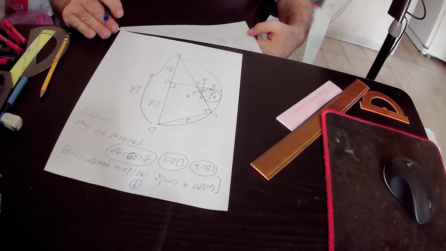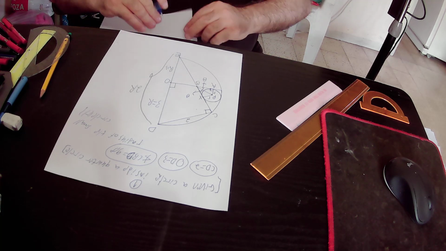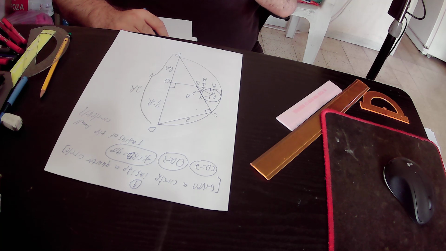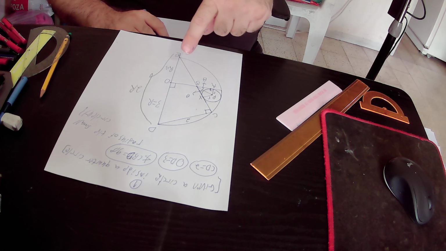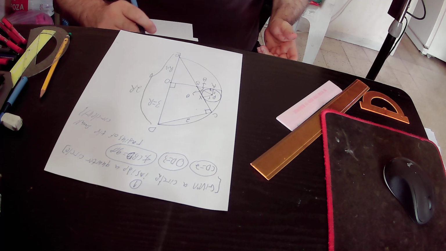So, because DE is a straight line, if you focus at point O on the straight line DE, the sum of the angles at point O must be equal to 180 degrees.